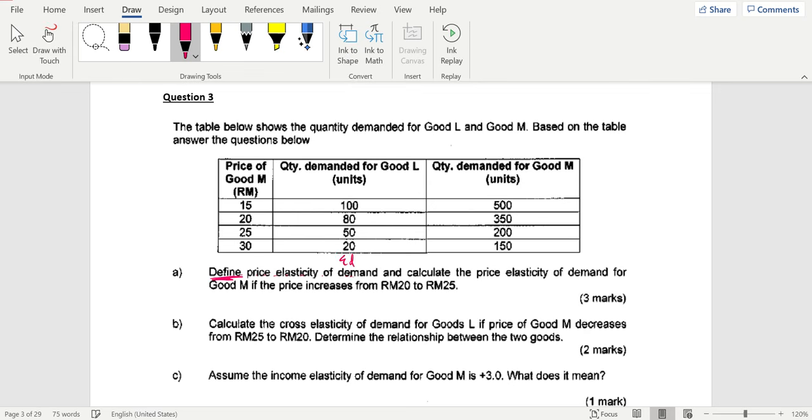Meaning the definition for ED, the responsiveness of the change in quantity demanded due to the change in price. And then you are asked to calculate the price elasticity of demand. So calculate ED. The formula is Q2 minus Q1 over Q1 times P1, P2 minus P1. And then you need to take the figure there. This one will be P1, this one will be P2. And then calculate that.